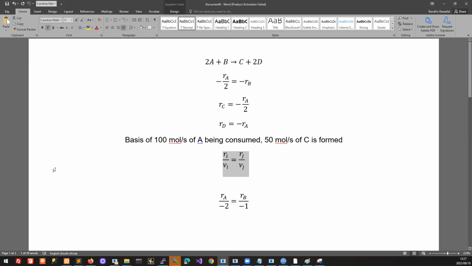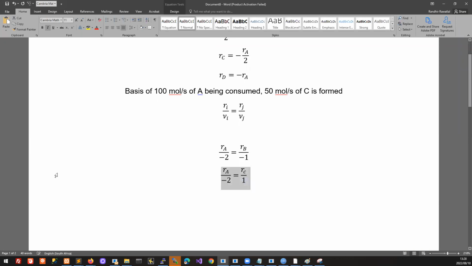Then let's try for C and D as well. So again, we are going to have RA, and we'll have a -2 down here. And then for C, the stoichiometric coefficient here is a +1, so that's just a 1 there. And then if we look at what we wrote for RC, you can see RC is -RA over 2, so it's the same as this equation.